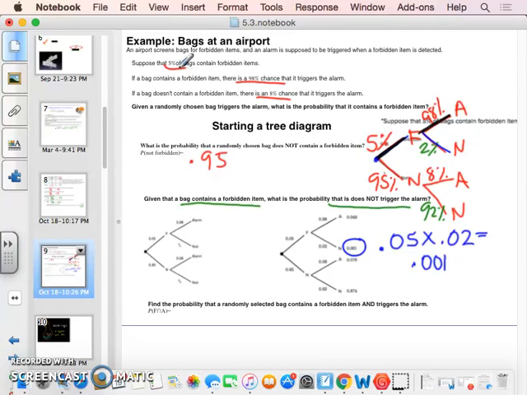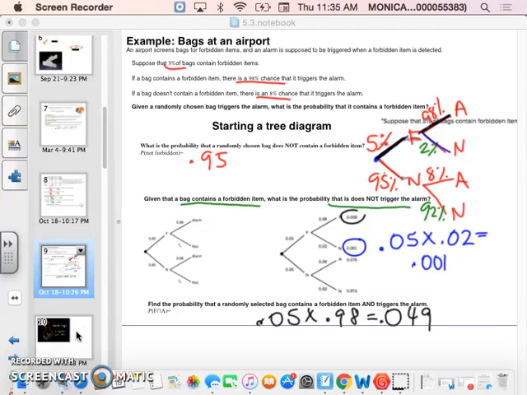So this would be 0.05 times 0.98. And I think, I can't really read this, but I think this says 0.049. Okay, so that's the probability that somebody's going to come to the airport with a forbidden item and trigger the alarm.